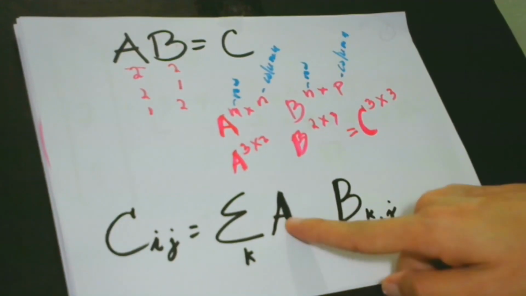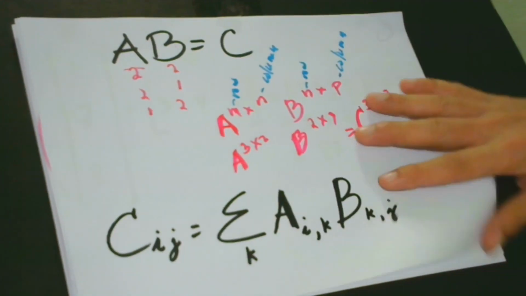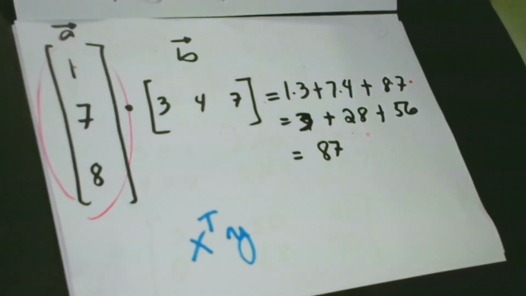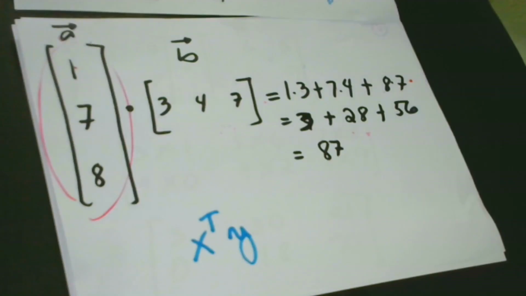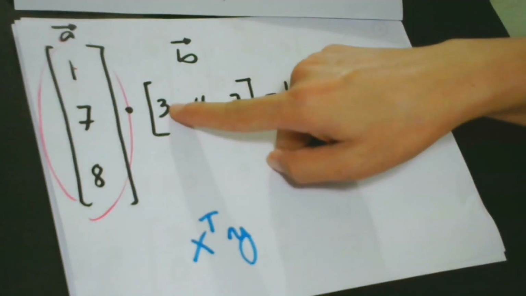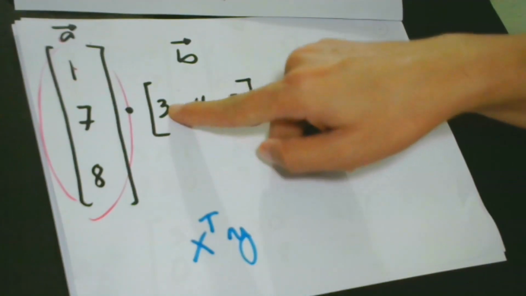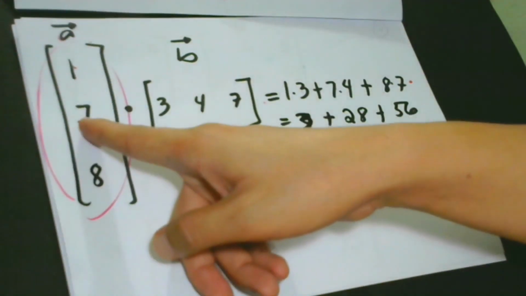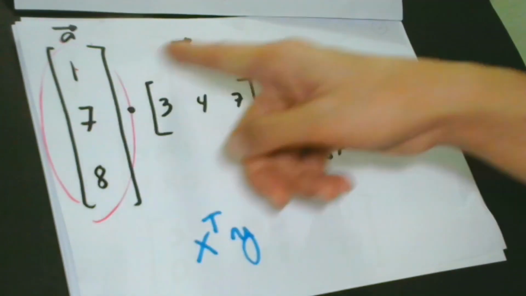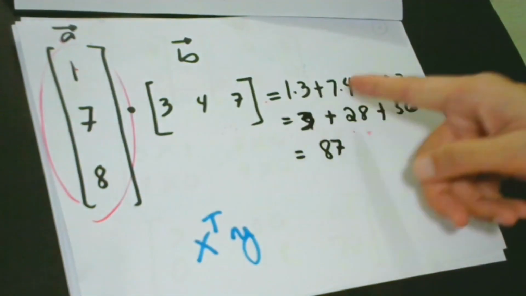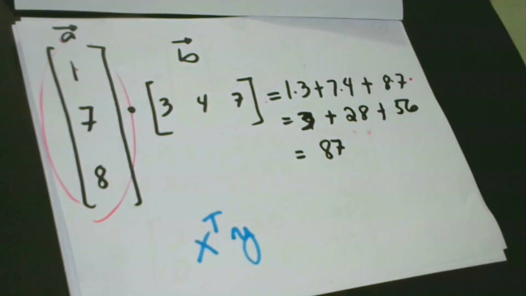It's the i of A and the j of B. That's the meaning of it. J, again, here is the column. Then the second value of A is 7, and the second value here is 4. So we're going to multiply 7 times 4.